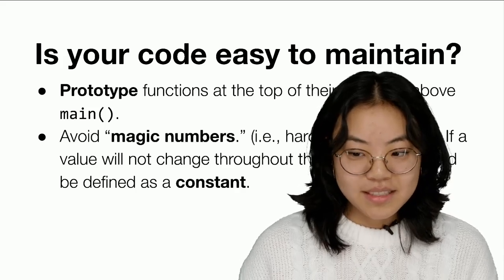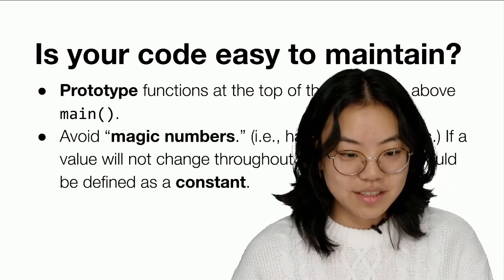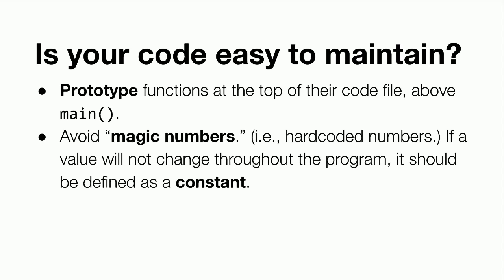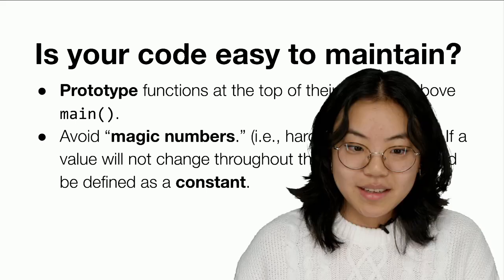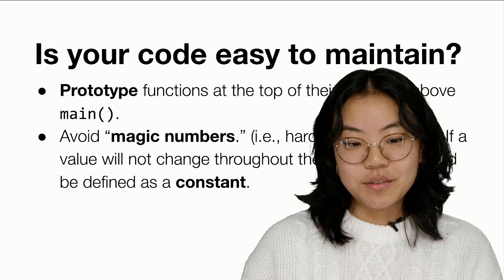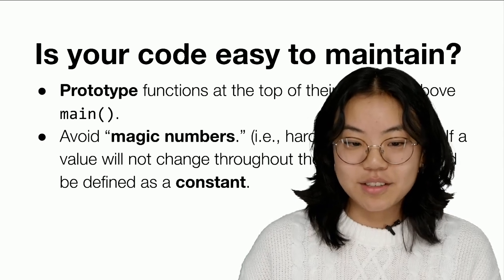Another thing we like to note is to avoid magic numbers. So what does that mean? Magic numbers we think of as hard-coded numbers. These numbers might seem a little bit arbitrary, and their value will not change throughout the program. If that's the case, we encourage you to define that as a constant.